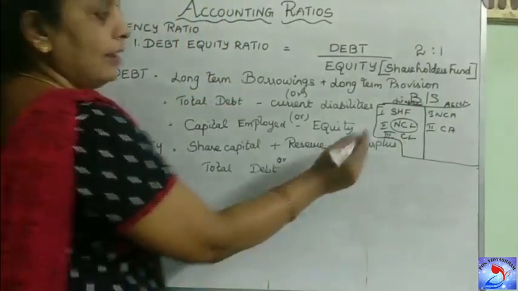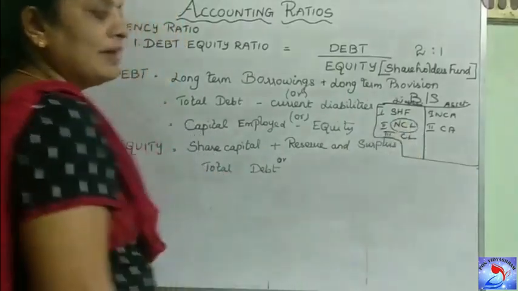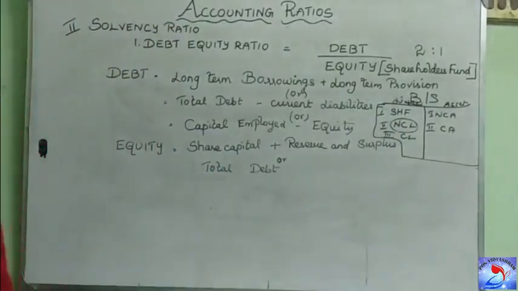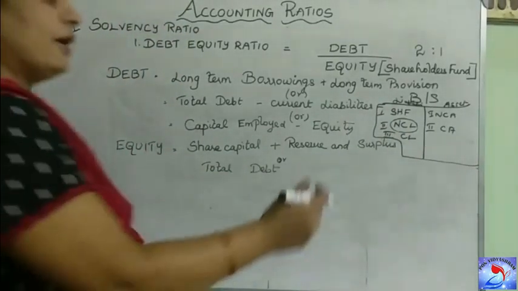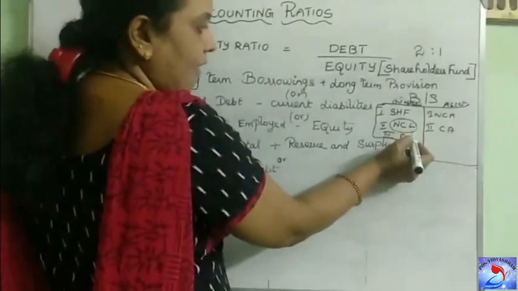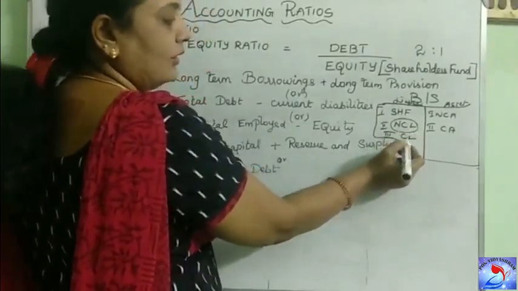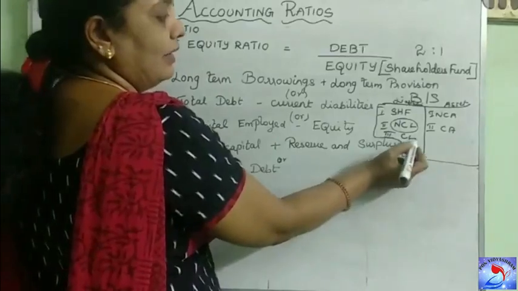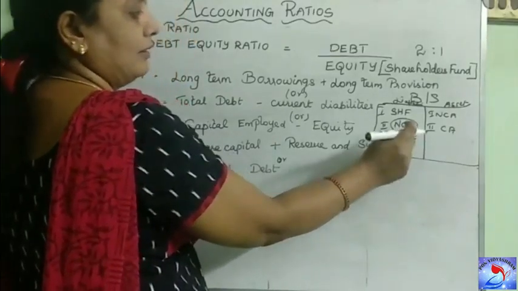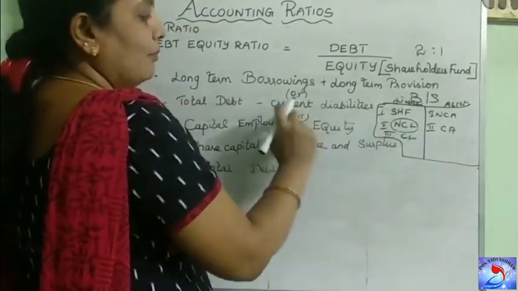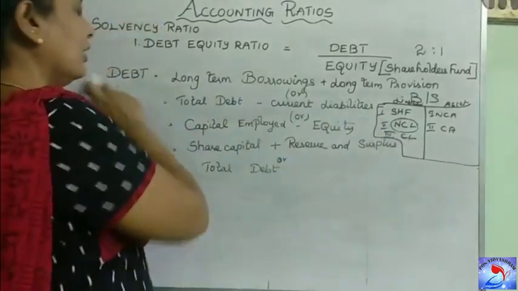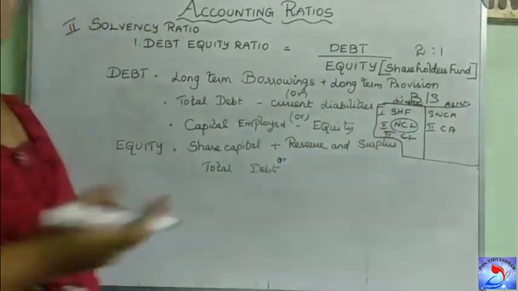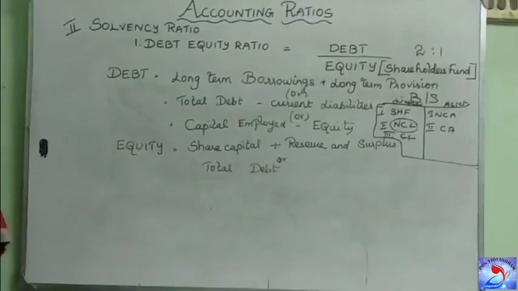Total debt is non-current liability plus current liability. If I subtract current liability from total debt, will I not get non-current liability? It is a simple logical thing.